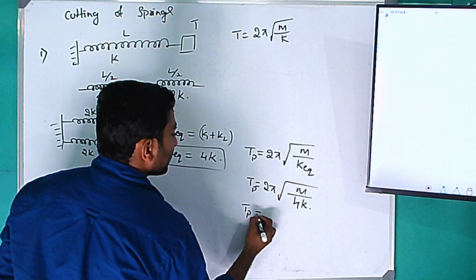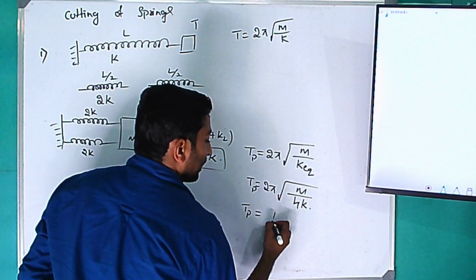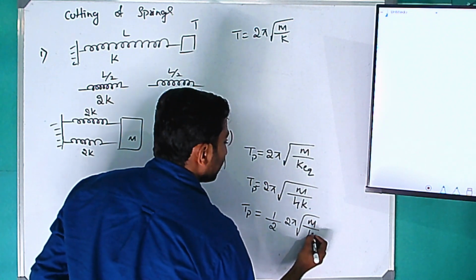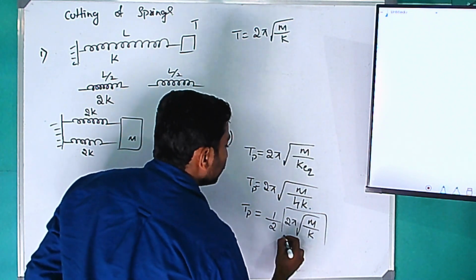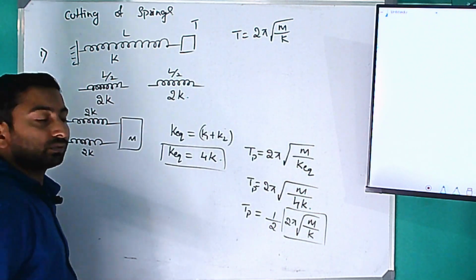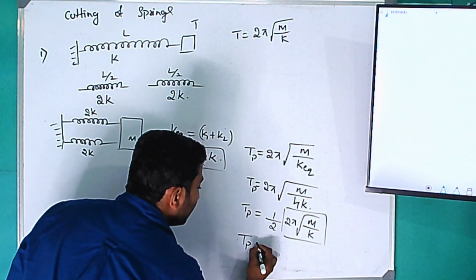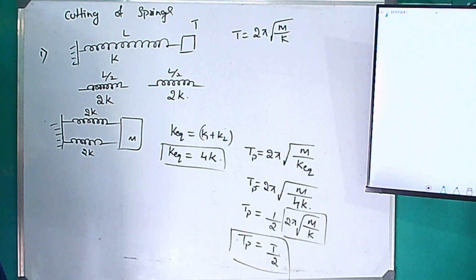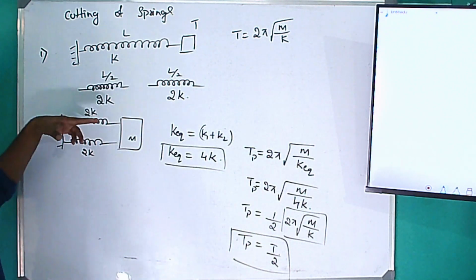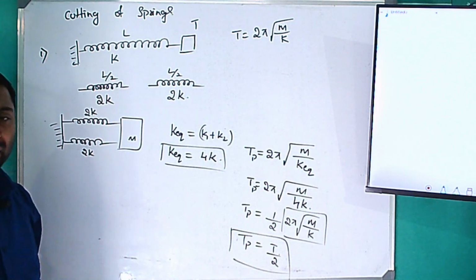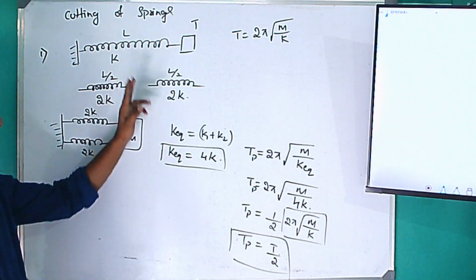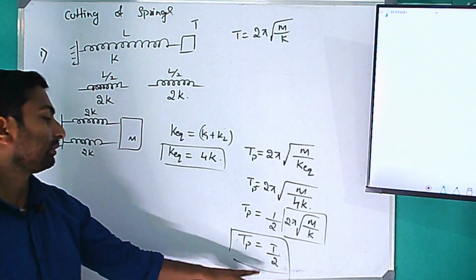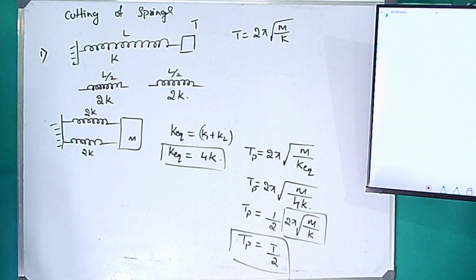So TP is equal to 1/2 into 2 pi square root of m divided by k. What is written in the box? That is nothing but the time period of the original system. T parallel is equal to T/2. So if we cut the spring and connect in parallel, the time period reduces. If you cut into 2 equal parts, time period reduces by 2 times. Please make a note on this.